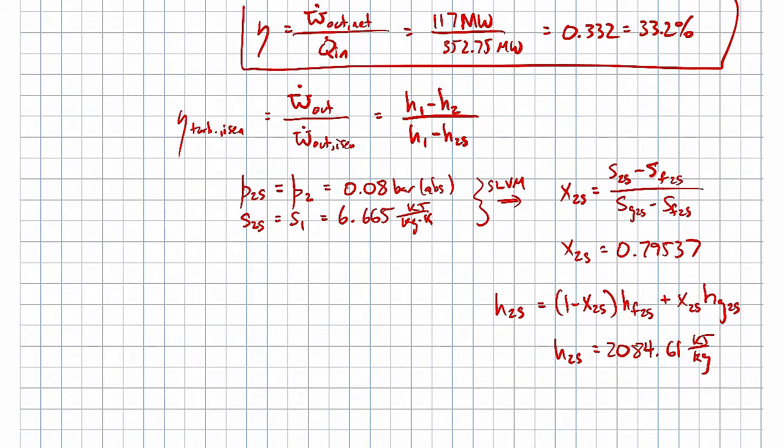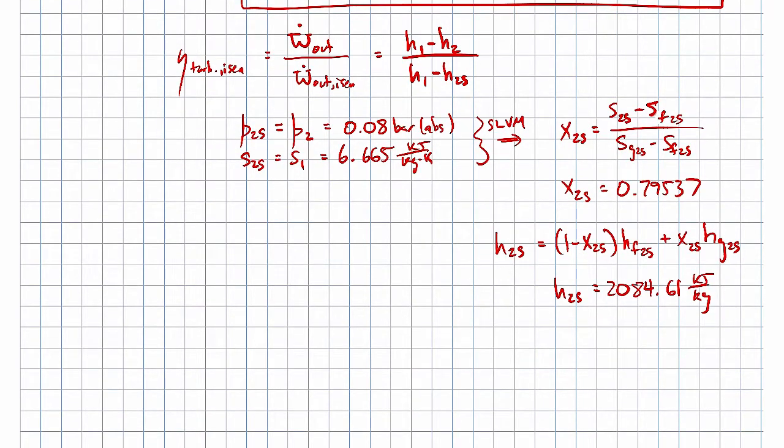All right, now that we have H2S, and we know H1 and H2 from the table, we can plug in the numbers, and the isentropic turbine efficiency comes out to be 0.813 or 81.3%.